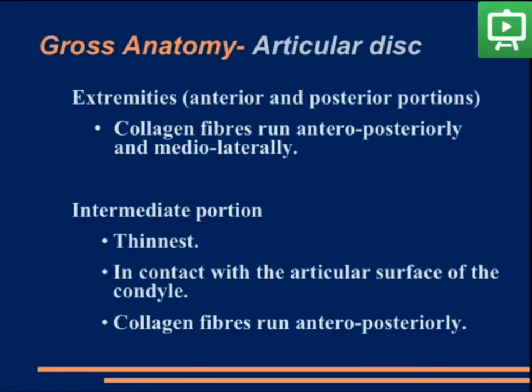While in the central portion, as we said, it is the thinnest and runs in contact with the articular surface of the condyle. So the collagen fibers here run only anterior-posteriorly, in a more regular direction and loose arrangement.